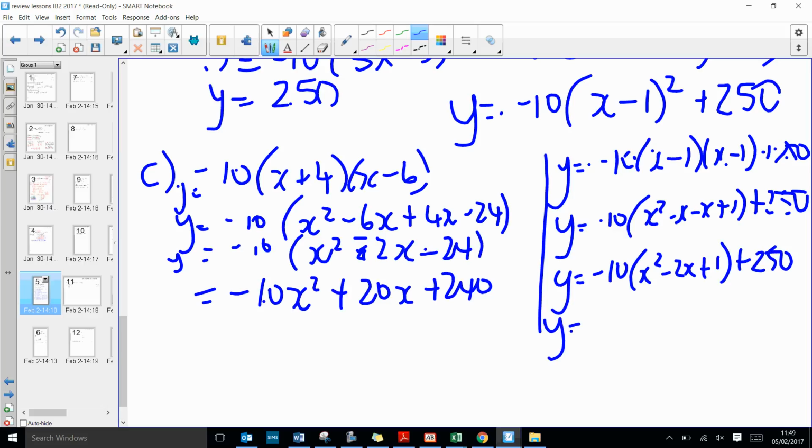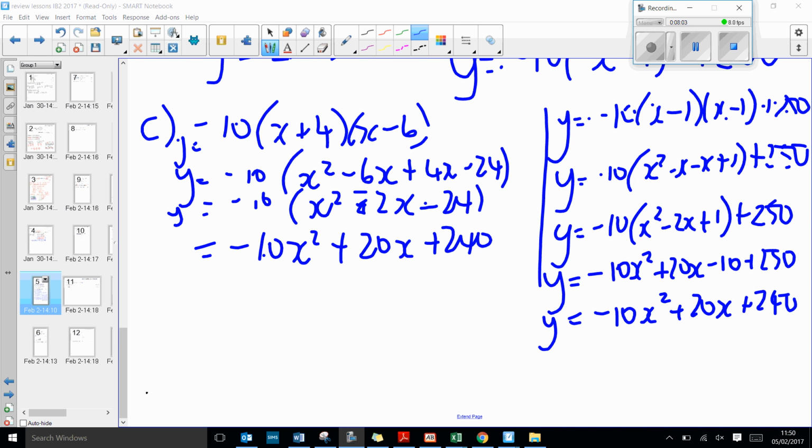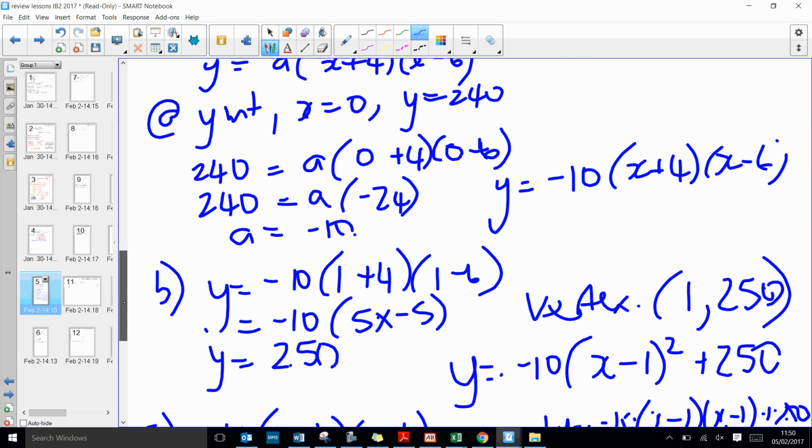So negative 10x squared plus 20x minus 10, plus 250. Negative 10x squared plus 20x plus 240. Okay, and on to the next part.